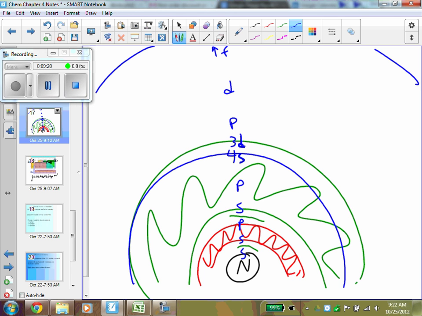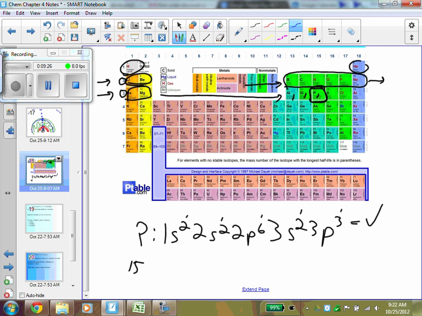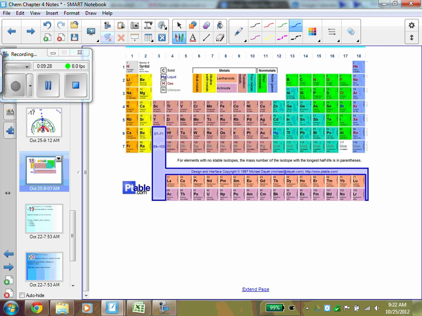So what we want to do is come up with some rules on how to correctly interpret the periodic table. If we go back to our periodic table here and get rid of these drawings, you'll notice that I've always been on the same period with the S and the P. In other words, if I'm on the third period, I have 3S and 3P.